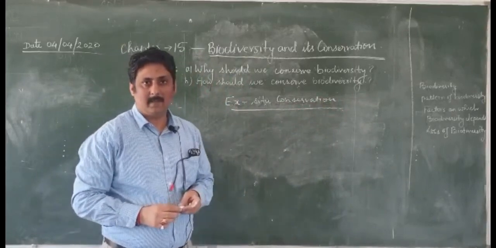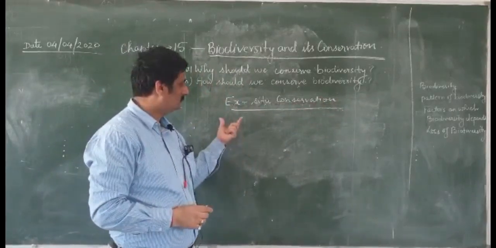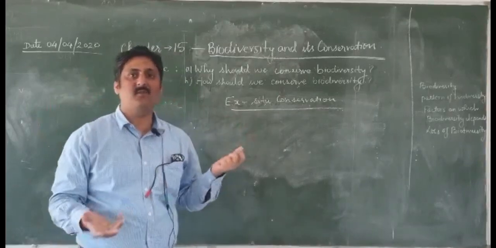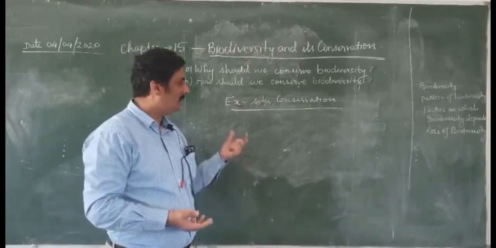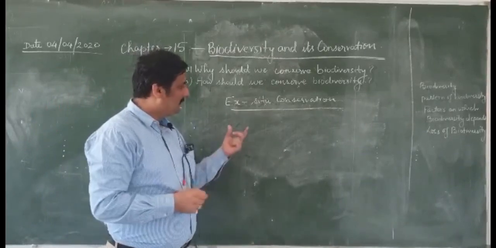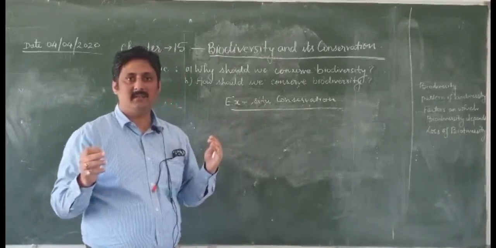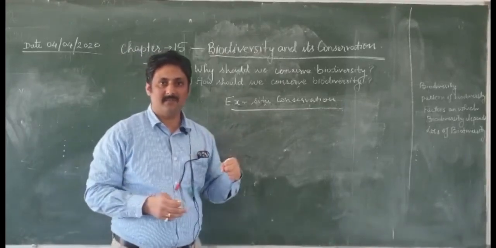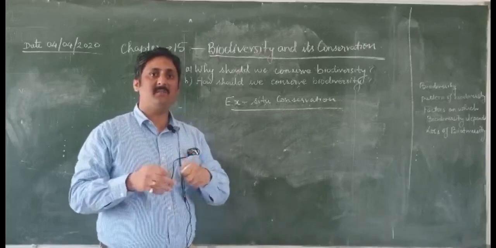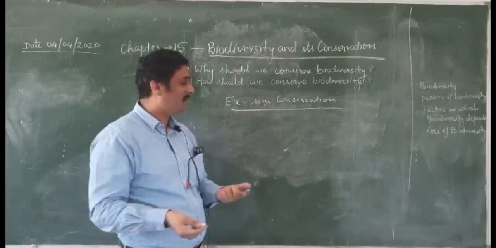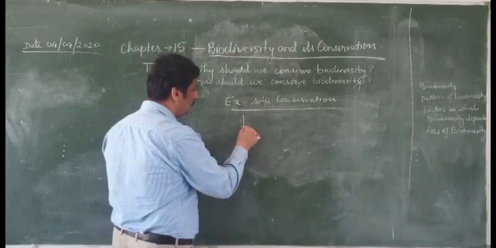Conserving plants and animals outside their natural habitat is called ex situ conservation. This means that these plants and animals are taken out from their natural habitat and are protected in a special area. Now, the question comes: what are these special areas? What are they called?